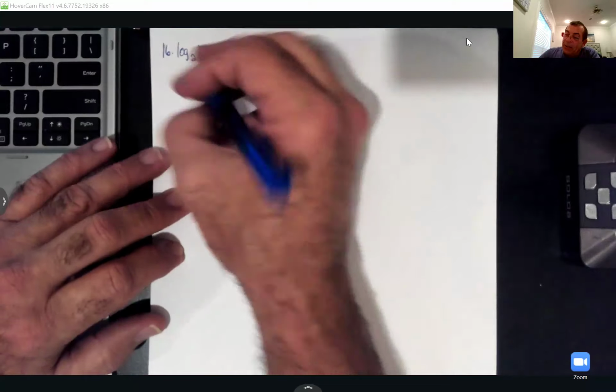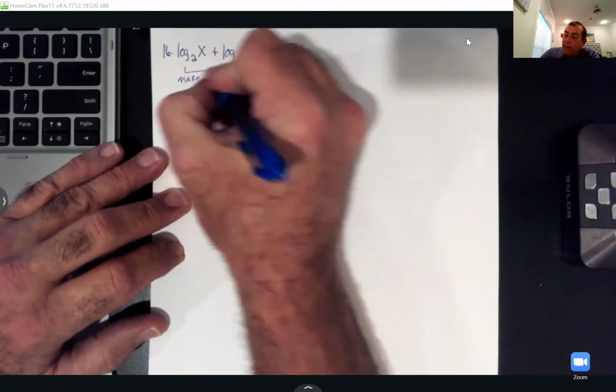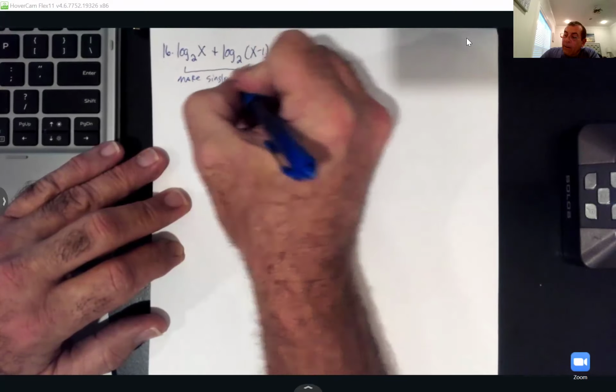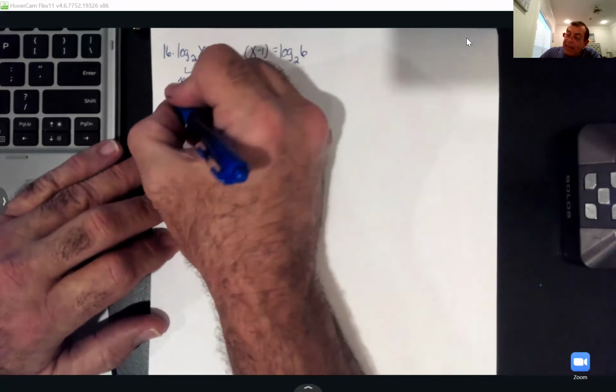Y'all can see I got two logs over here. We got to make that a single log. They're being added, so we'll write it as a product. Log base 2 of x times x minus 1 will equal the other side, which is log base 2 of 6.